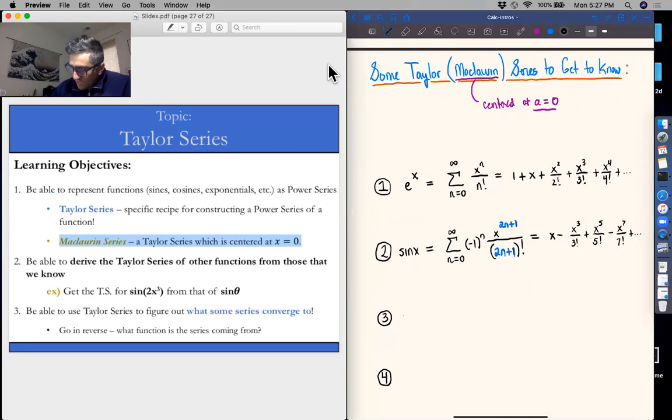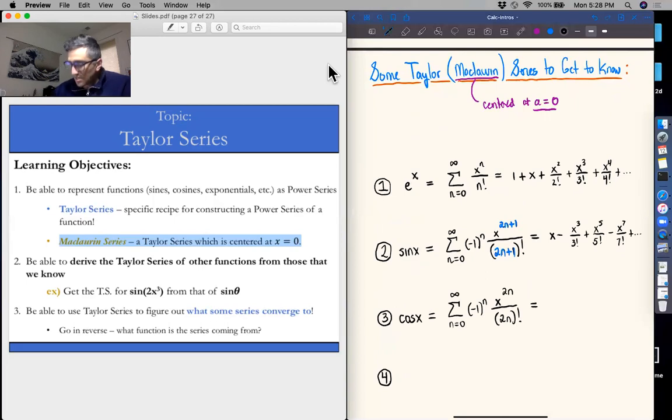So our Taylor series or Maclaurin series for cosine is the infinite series n equals 0 to infinity of minus 1 to the n. So cosine also has the alternation in sign, x raised to the power of 2n, all divided by (2n) factorial.